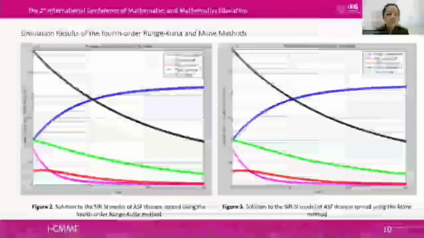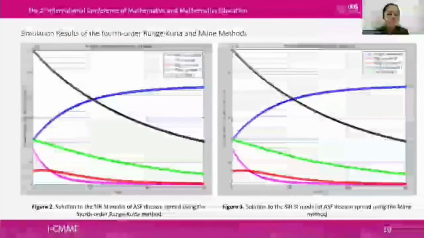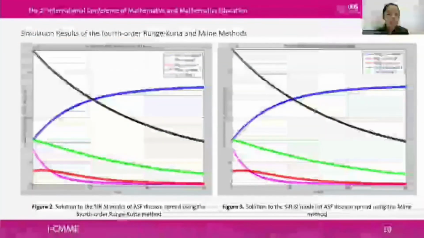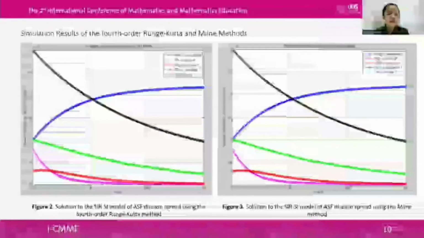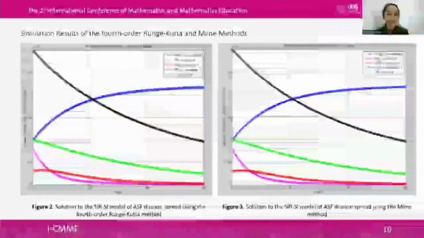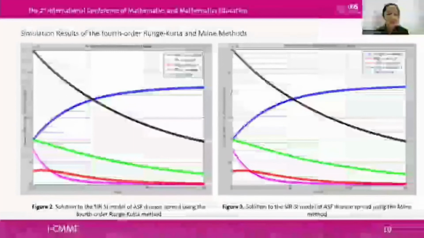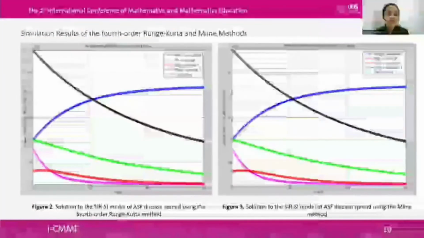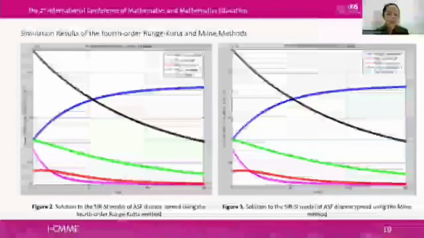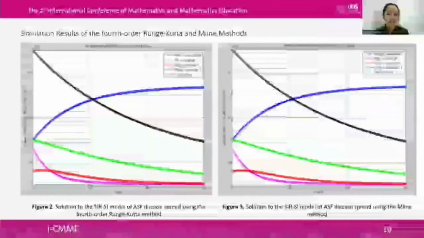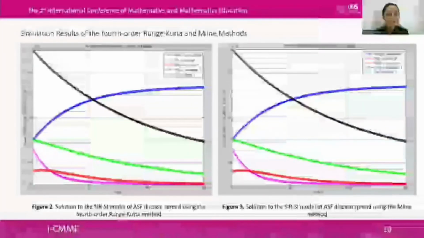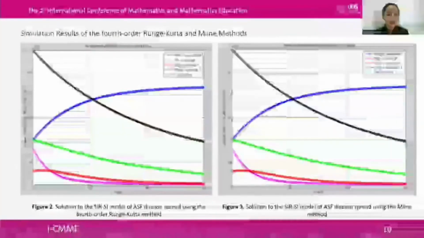Figure 2 shows the behavior of the spread of ASF disease with the Crc model using the fourth-order Runge-Kutta method. From the graph, it can be seen that SP, the population of pigs susceptible to the disease, increases over time. The population of IP, the pigs infected with the disease, decreases.